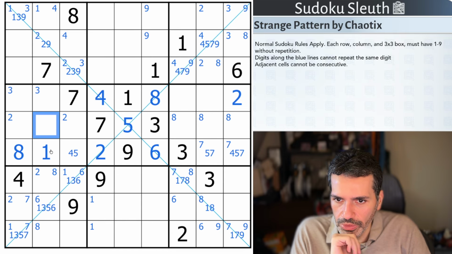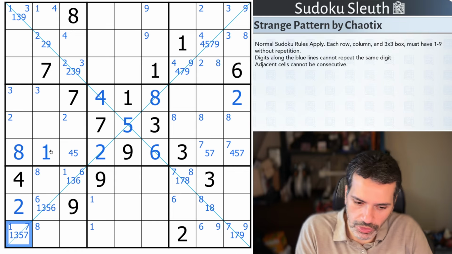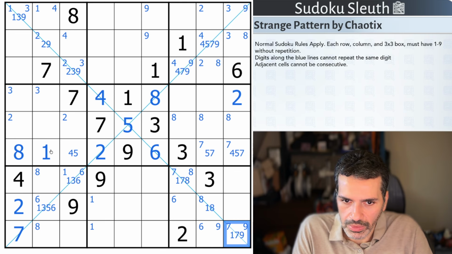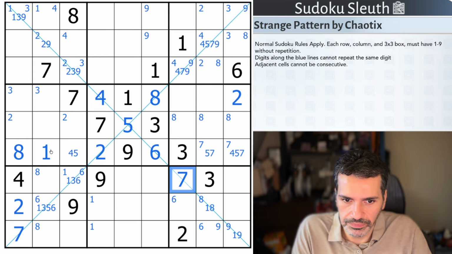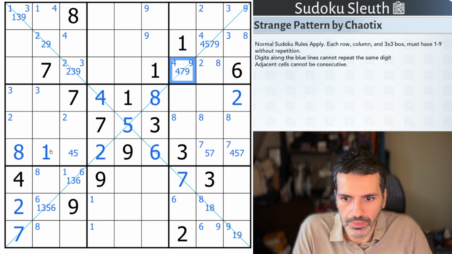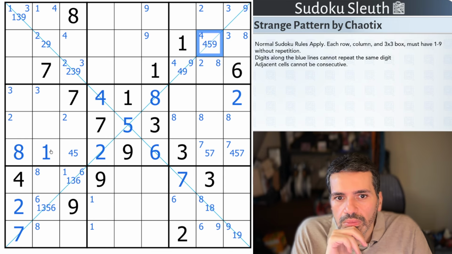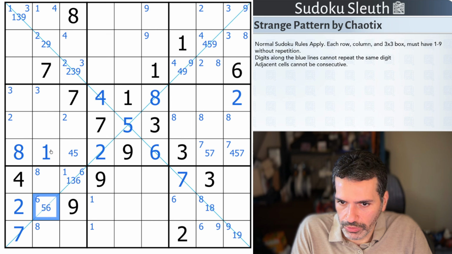That can't be a 2 anymore, so that gives me my 2. That forces a bunch of things. That's now 7. That is not 7. That is 7. No 7s here anymore. Can't be 1 and 3 in there, so this is 5 or 6.